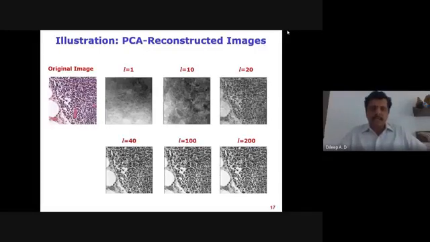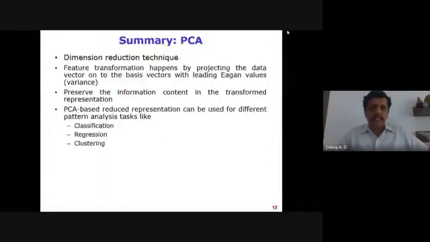Just to summarize principal component analysis: it is a dimension reduction technique. We perform feature transformation by projecting the data onto the basis vectors corresponding to the leading eigenvalues. These leading eigenvalues correspond to the variance in the projected data, and this ensures that the transformed representation preserves the information content.